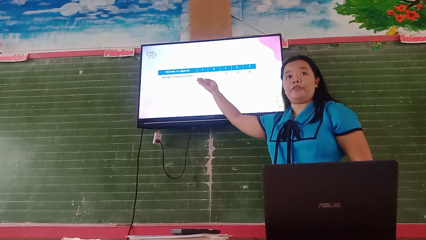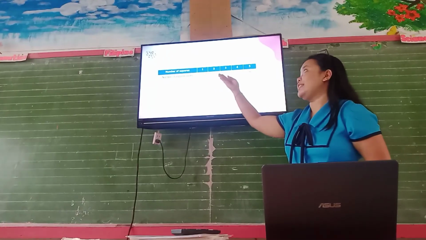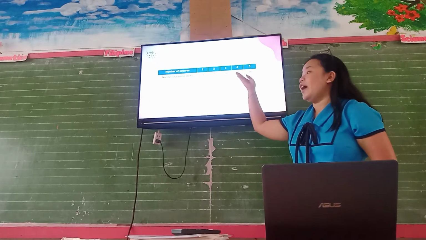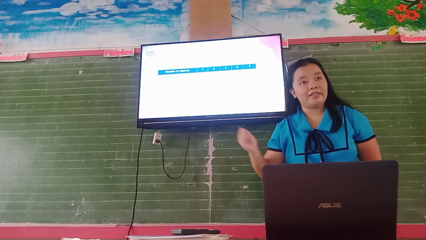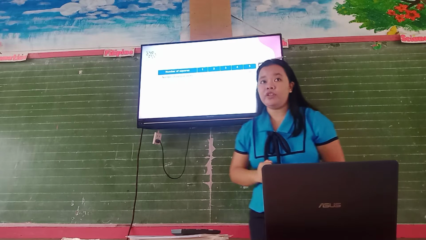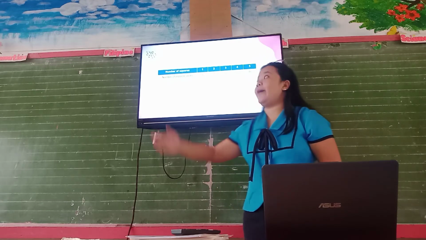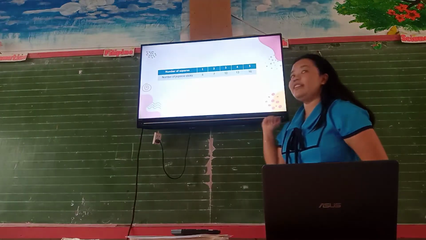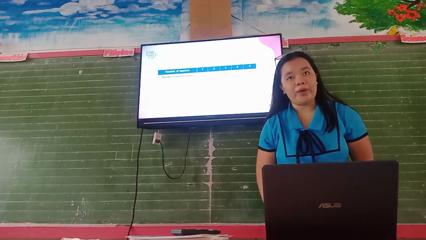So 4 plus 3 is 7. 7 plus 3 is 10. 10 plus 3 is 13. And 13 plus 3 is 16. Alright, is this clear? Given this condition, the series of numbers represented by the number of popsicle sticks, 4, 7, 10, 13, and 16, is a sequence.